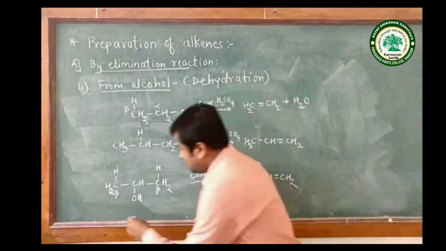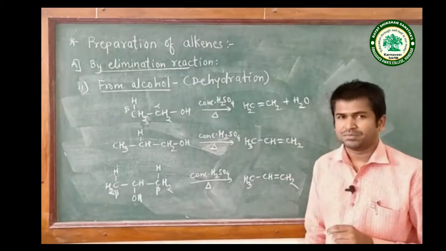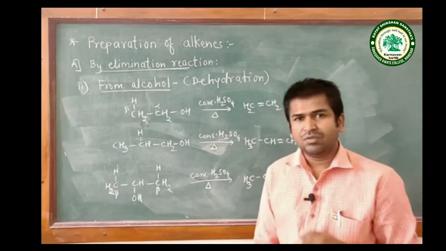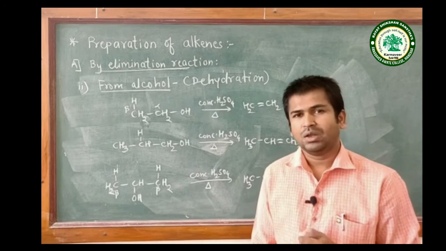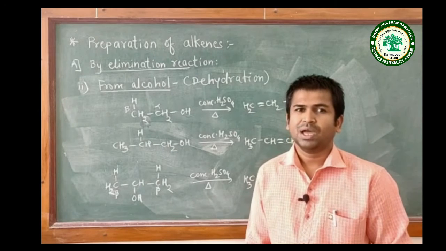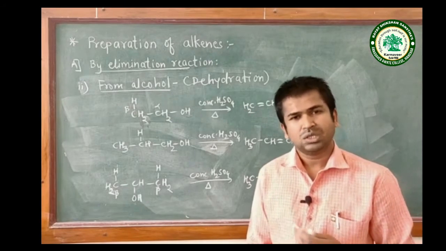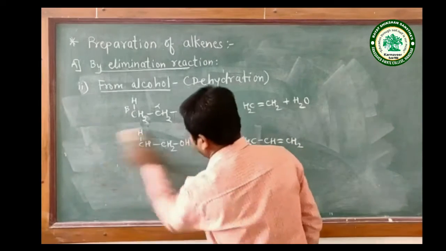So from 2-propanol we get one propene. Now if different beta hydrogens are present on the alcohol, then we get different products, and the major product is formed according to Saytzeff rule. Now we can see the example.